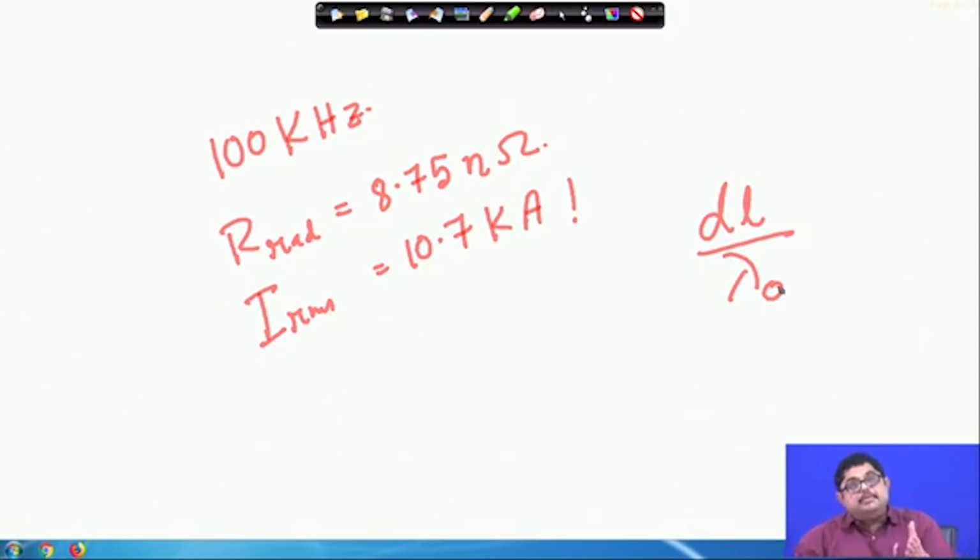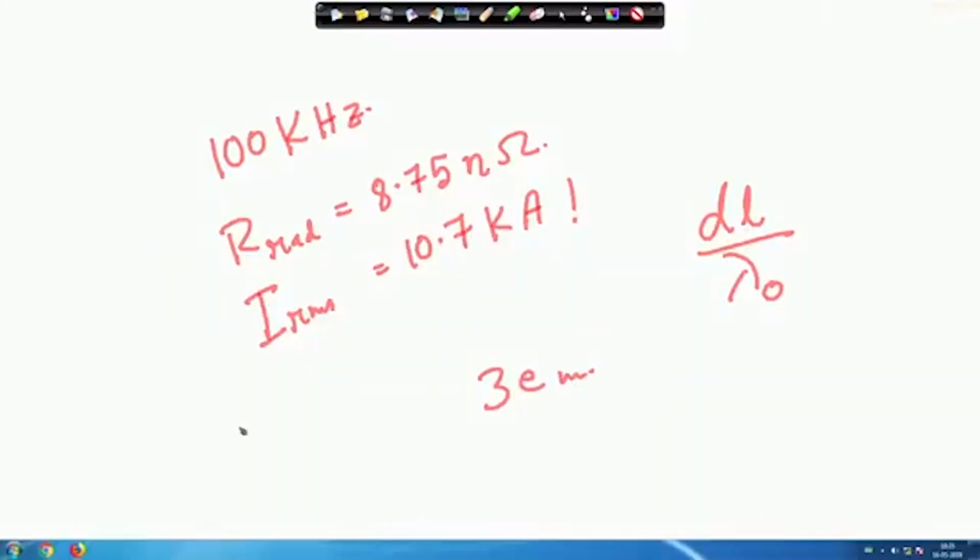So, the same current element, if I operate at 1 gigahertz, it will be efficient, but then it will not be a current element. Remember, suppose I operate it at 10 gigahertz, 10 gigahertz means 3 centimeter wavelength. The current element's dl is 1 centimeter. So, the size of the current element is lambda naught by 3, which we cannot call a current element.